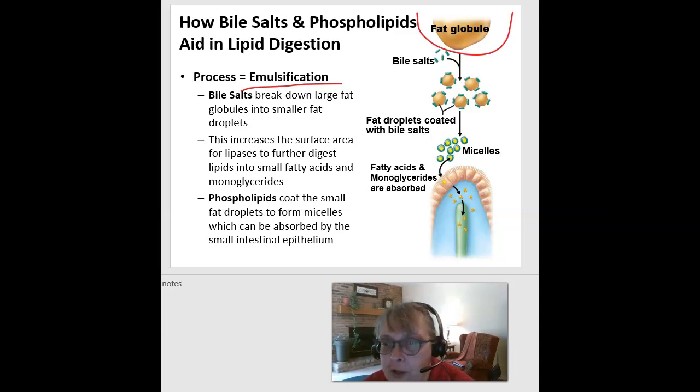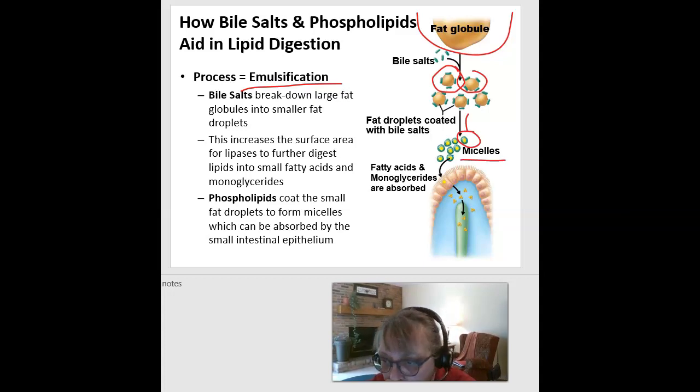The bile salts continue to coat and decrease the size of the fat droplet, and then phospholipids coat the outside, and these are then called micelles. So micelles are fat droplets coated by phospholipids, and I've written all that down right here.